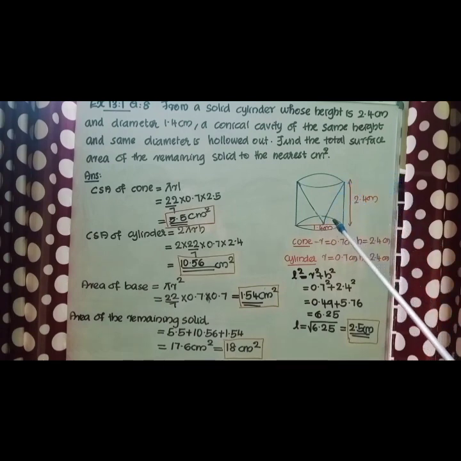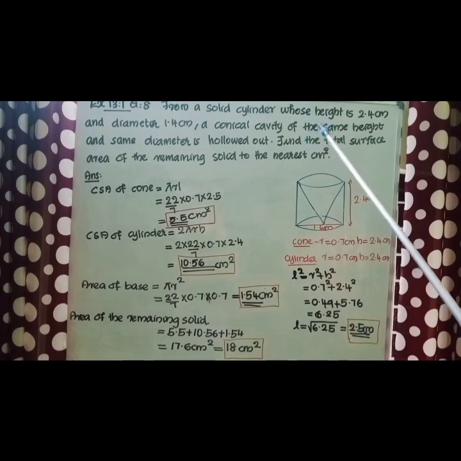From this solid cylinder, a conical cavity is hollowed out. So it is hollowed out, therefore there is formed a new shape, that is the shape of a cone. So now the new solid is, from outside it is looking like a cylinder, but inside there is a conical portion also. The question is, find the total surface area of the remaining solid.